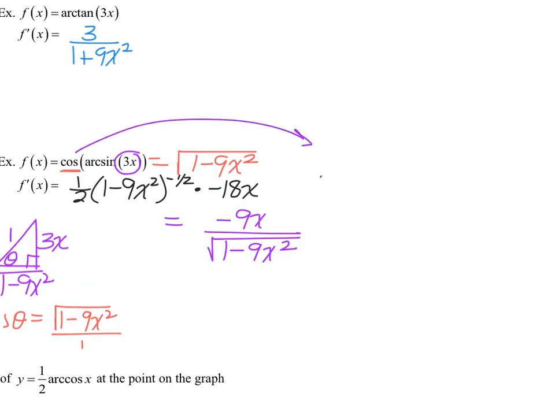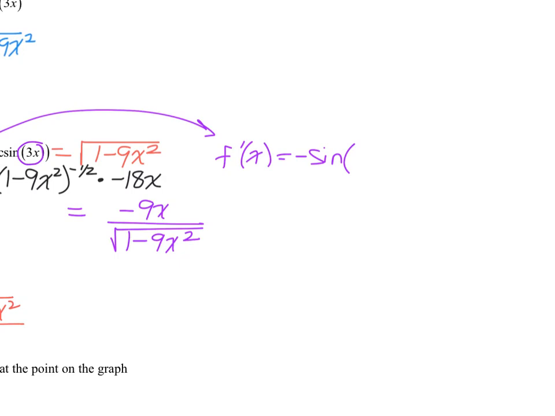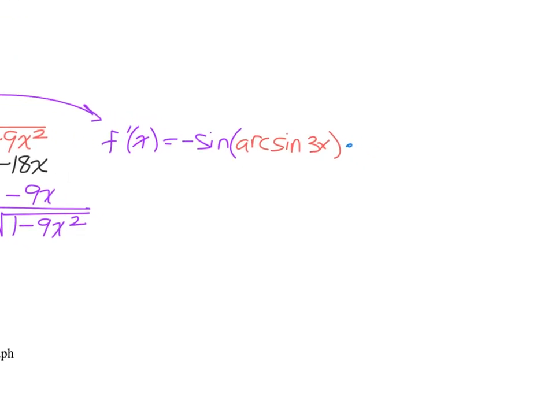You'd be looking at, well, it's cosine of an inner function, so it would become negative sine of that inner function, negative sine of the arcsine of 3x, multiplied by the derivative of the arcsine of 3x, which by rule now, so that's the important piece there, you need to know the rule, would be 3 over the square root of 1 minus 9x squared.